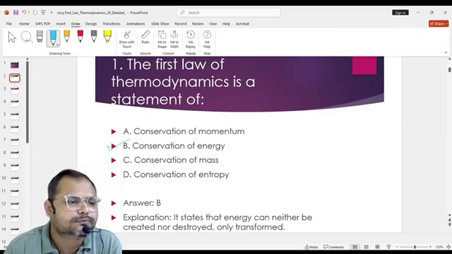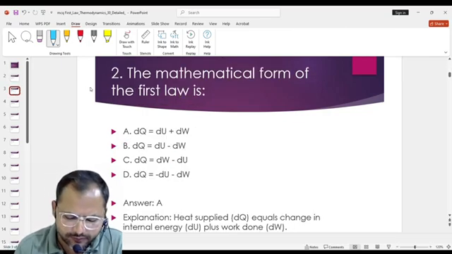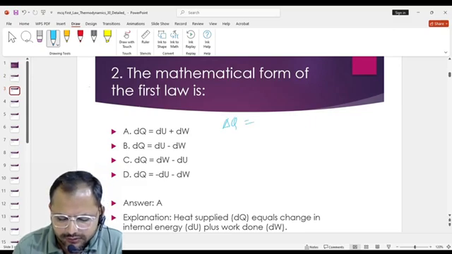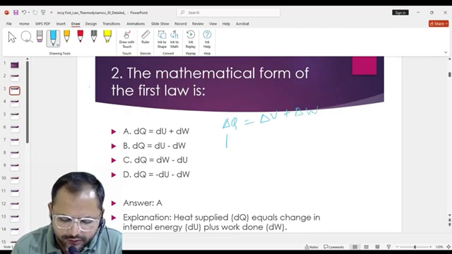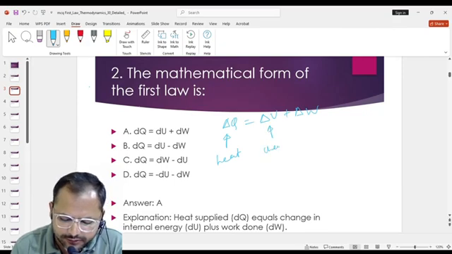So next question. Question number 2. The mathematical form of the first law is, so delta Q equal to delta U plus delta W. Delta Q is a heat energy. Delta U is the change in internal energy.